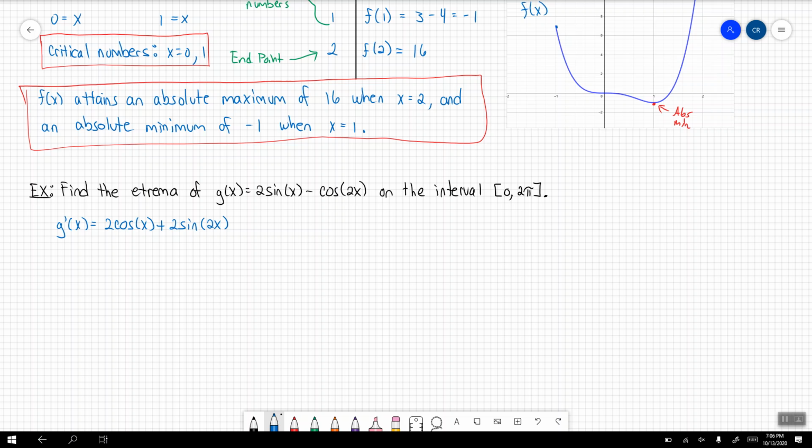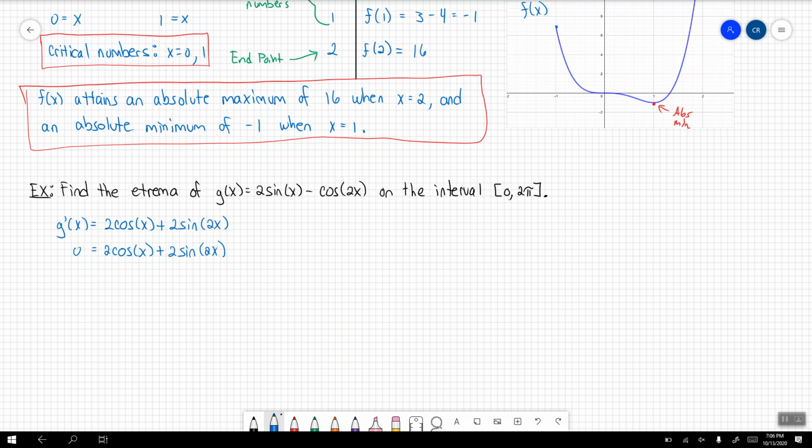Better. Great, so now we're going to set this derivative equal to 0. That way we can find where our critical numbers are. And again, just setting the derivative equal to 0 doesn't mean we're going to find all of the critical numbers. Sometimes we have to set the denominator equal to 0 if the derivative has a denominator, and more specifically, if it has a variable in that denominator.